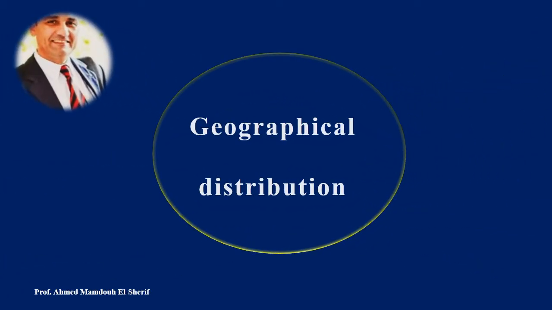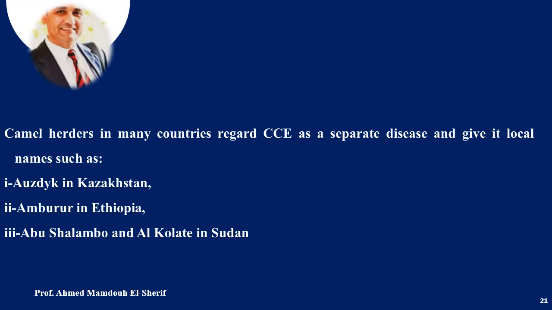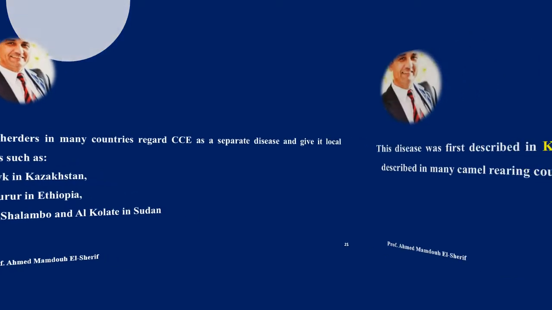Geographical distribution. Camel herders in many countries regarded CCE disease as a separate disease and gave it local names such as Osdok in Kazakhstan, Ambror in Ethiopia, Abu Shalambo and Al Kulayt in Sudan.